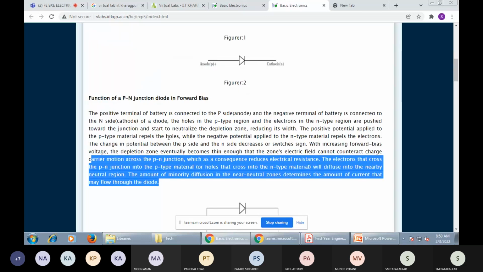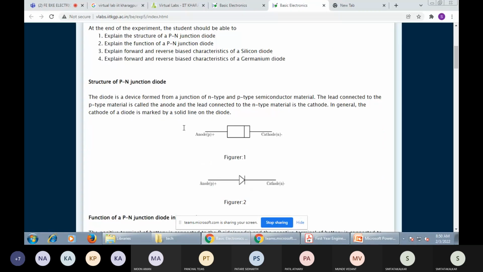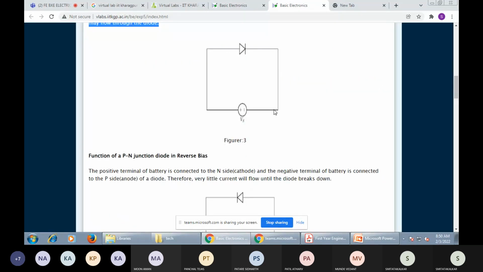You can see here, when the barrier potential voltage is overcome, the diode goes into its conduction state at 0.7 volt. This voltage is known as the cut-in voltage, and the supply is provided through the circuitry.